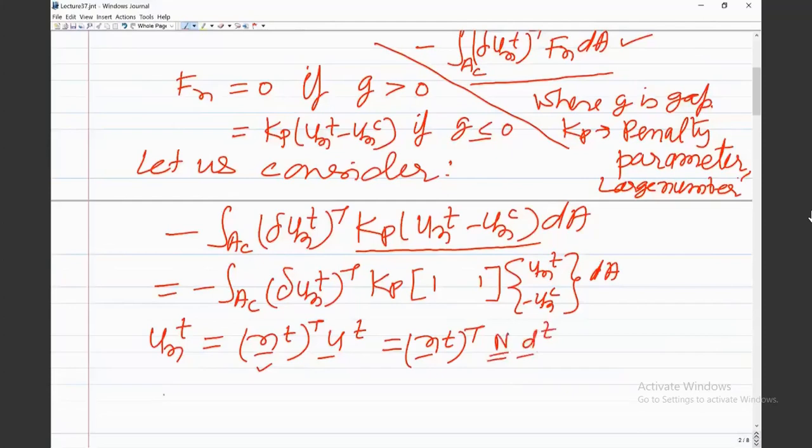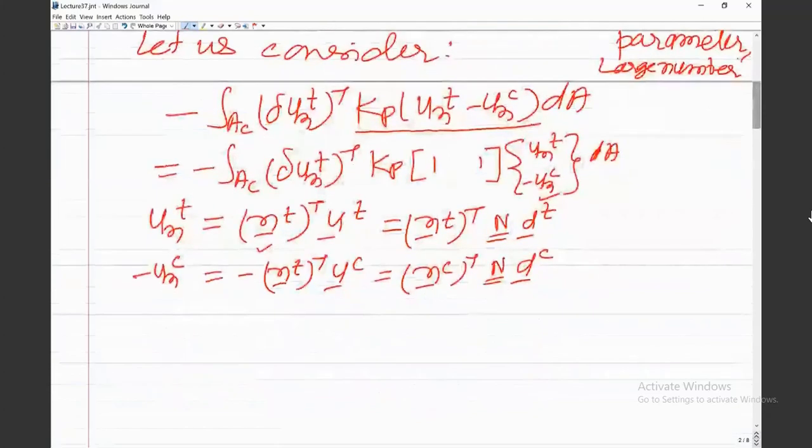Now if you look at this minus UNC, that's another term we have over here. As per definition, that will be equal to minus NT transpose into UC, and you see this minus NT is actually equal to NC, the normal to the contactor body, so we can write it as NC transpose into UC, and UC can be written as the interpolation matrix N into a vector of elemental degrees of freedom for the contactor body, that is DC.